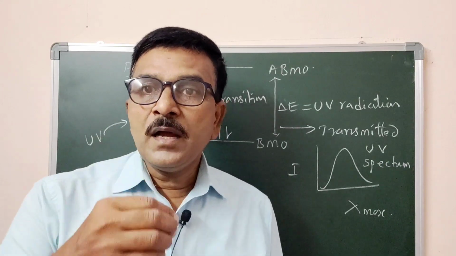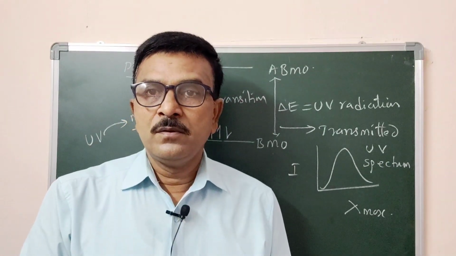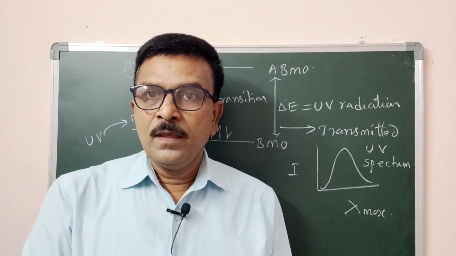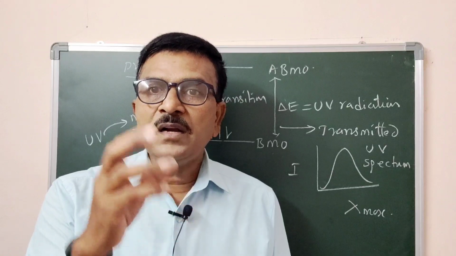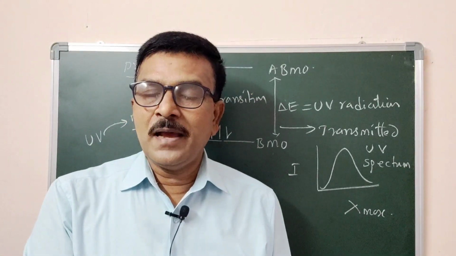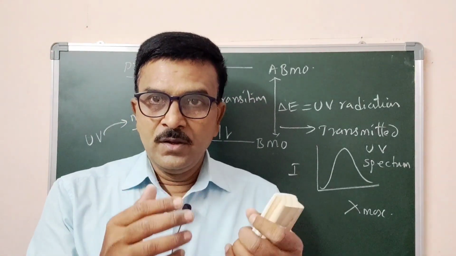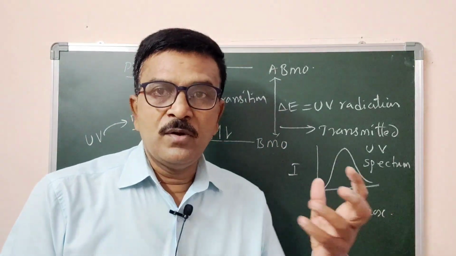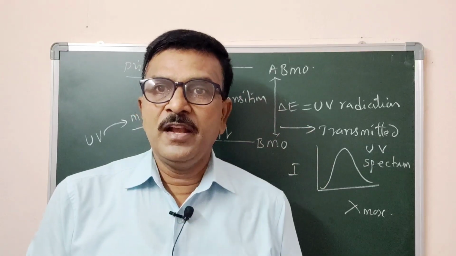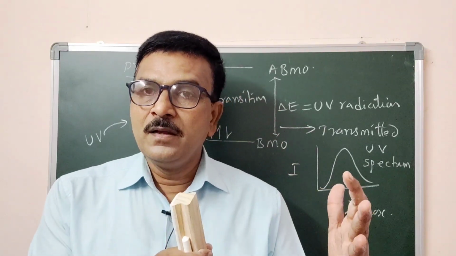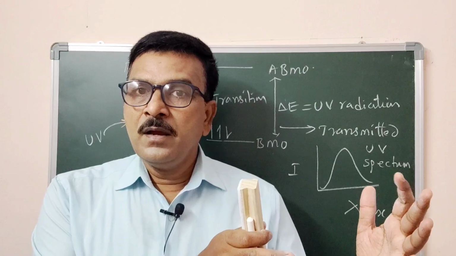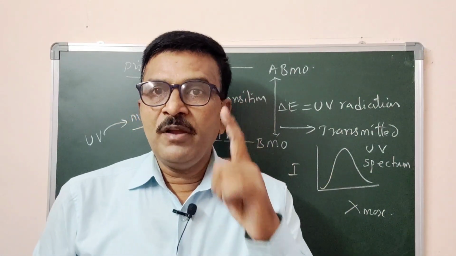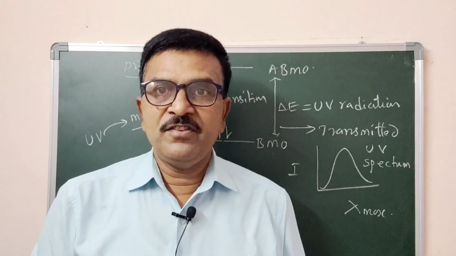So depending upon the energy absorbed for electronic transition, we can predict what type of electronic transition happens. Are you following? So based on the energy absorbed, that is wavelength absorbed. Now absorption frequency in ultraviolet spectroscopy is measured in the form of a wavelength and represented in nanometer, where wavelength is inversely proportional to frequency.